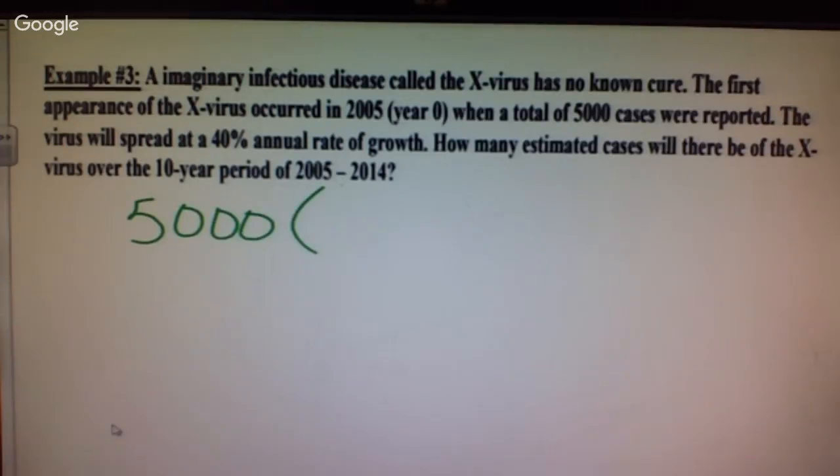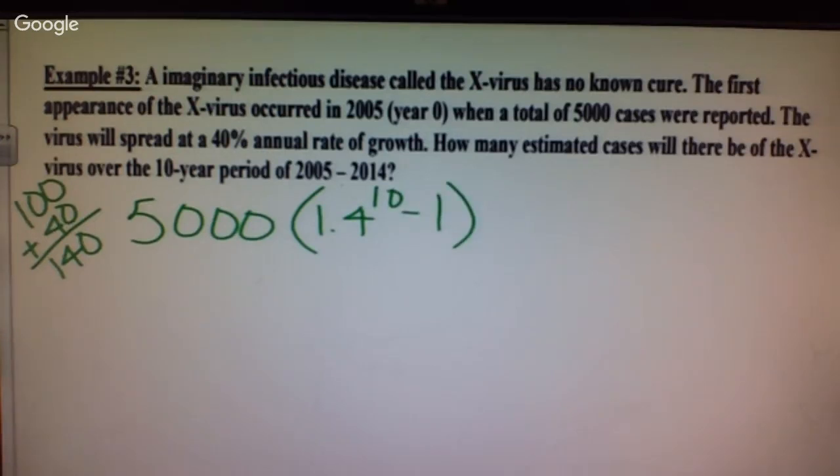Okay. My R value, it's growing 40%. 1.4. Remember, it's growing, so that means we're plus 40 over 100, which gives us 140%. And that's a decimal of 1.4. What do I raise that to, Tom Pat? How long is this happening? How many numbers do I want to add together? 10. Look at Tom Pat go.